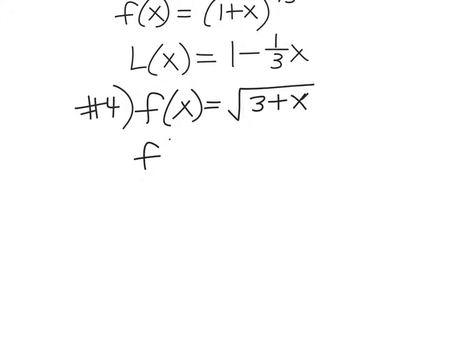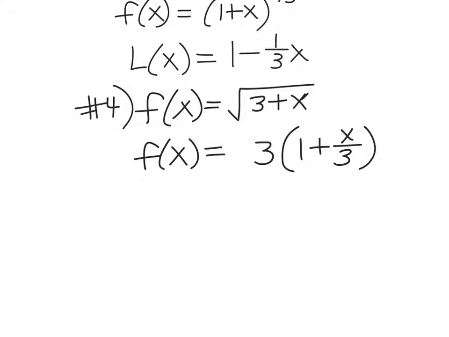So we're going to rewrite f of x as 3 times 1 plus x over 3, and then all of this is to the 1/2. Did I lose anybody on that step? So I took the 3 and I divided it out of both. I divided 3 by 3 and got 1.